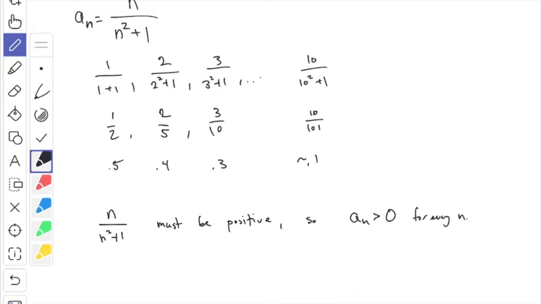And so that means it's bounded below by 0, right? Once you get it in your head that 0 is a lower bound, it's usually not very hard to explain why. In this case, it's just because you can tell by looking at it, this thing must be positive. So a_n is bounded below by 0.